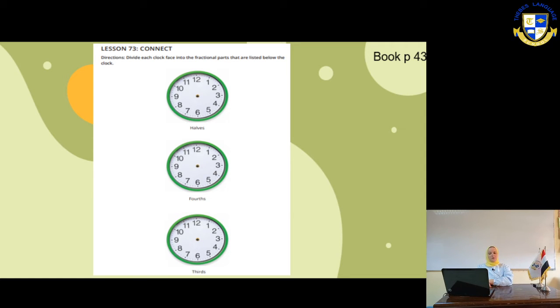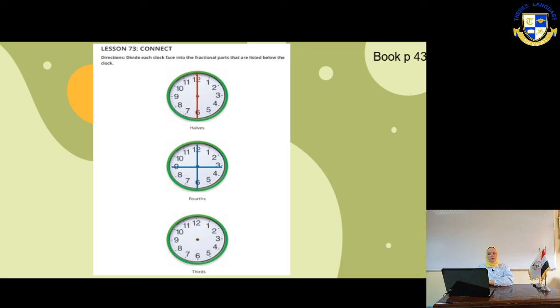Halves. What is the half of the clock? When the two arms are on 6 and 12, it means half. We are going to cut the clock into two equal parts. Now, if you want to cut the clock into fourths, do you remember what the quarters of the clock are? 3 and 9.